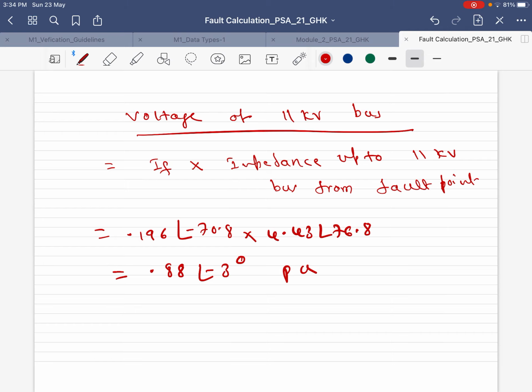Then if you want the actual value, you calculate the voltage at the L1 kV bus, where the base voltage is L1 kV.